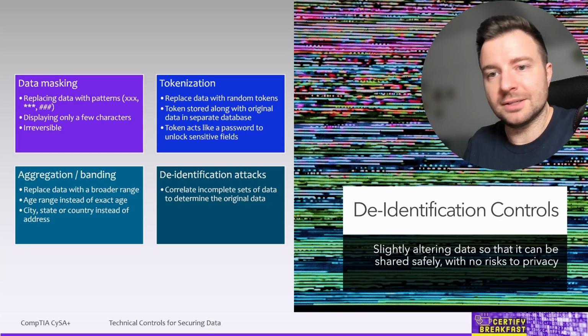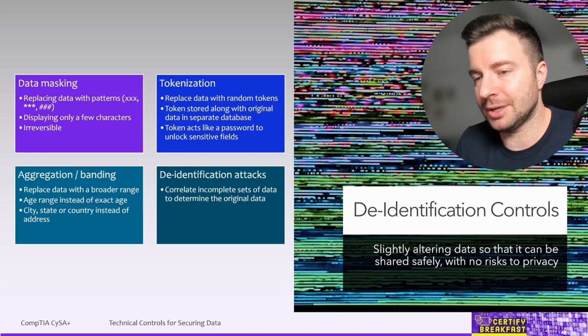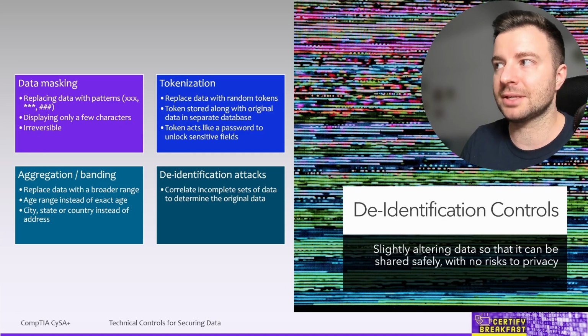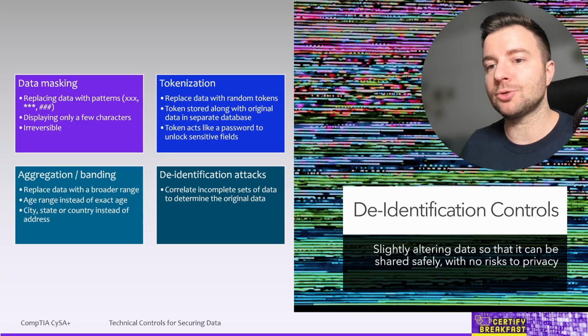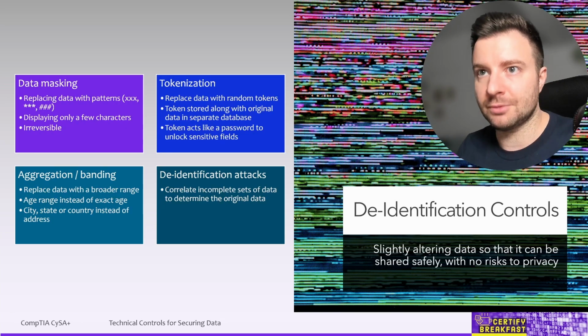So it's not an attack that tries to, I don't know, reverse that token or anything else, because if it's about data masking or tokenization, the data is not there anymore. So no type of attack is going to be able to retrieve it, but it's about trying to figure out more out of a limited set of information.